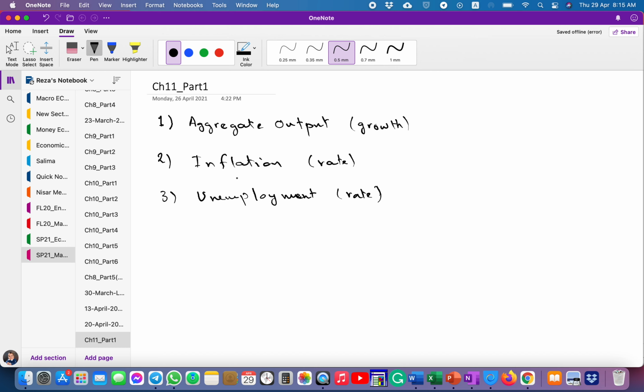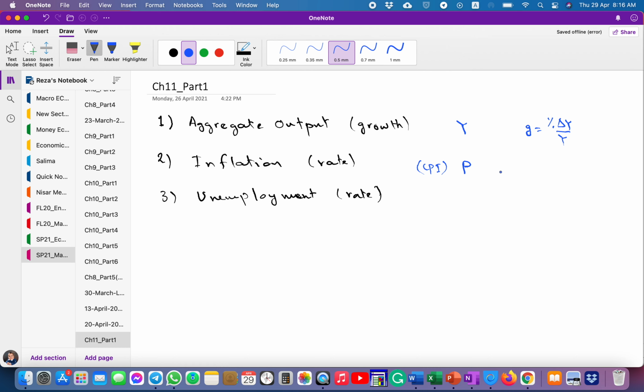So if we are able to explain these three variables, that is the goal of macroeconomic model. So for aggregate output, we use the y variable, and for its growth we usually use G, the percentage change of y. For inflation we used CPI or P. Okay, I write it like this: CPI, Consumer Price Index, or simply let's call it P, Price Index.